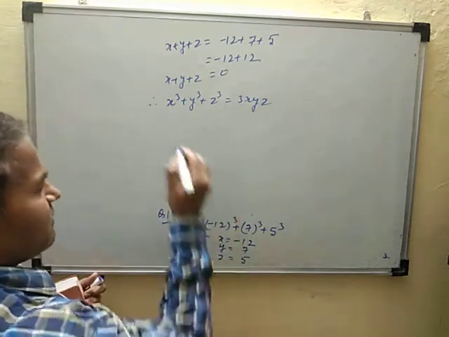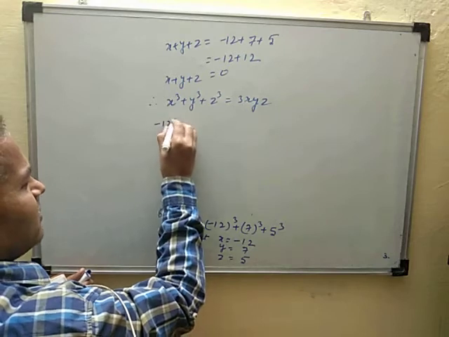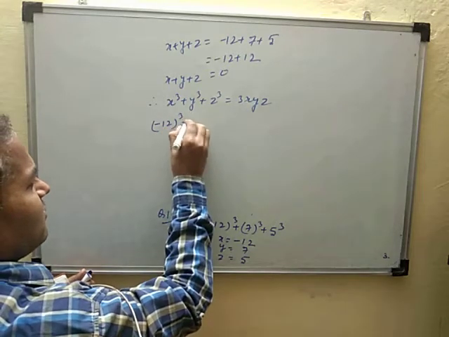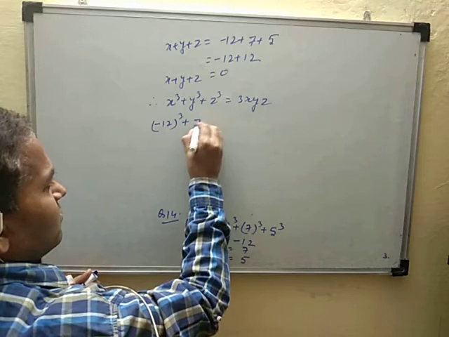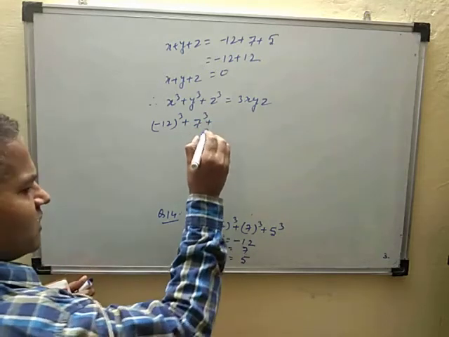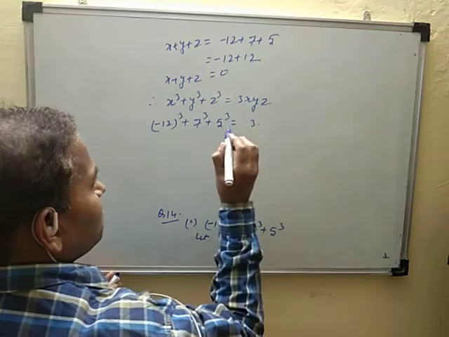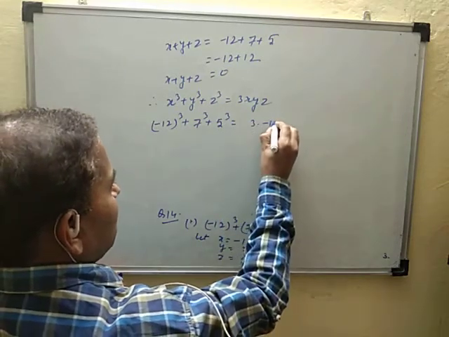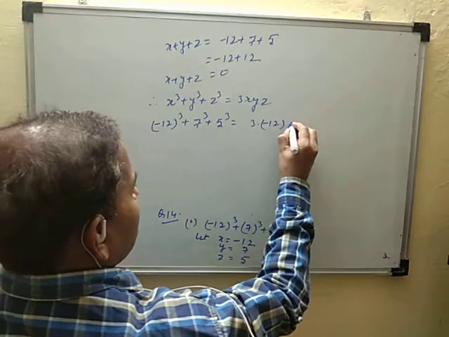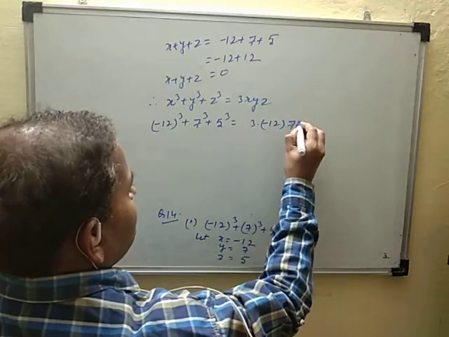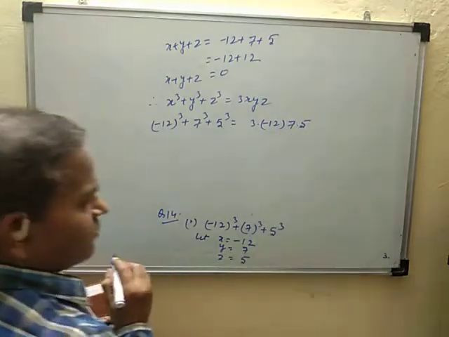So what is x here? Here x cube is minus 12 cube, y cube is 7 cube, z cube is 5 cube, which is equal to 3 into x, that is minus 12, into y that is 7, into z that is 5.